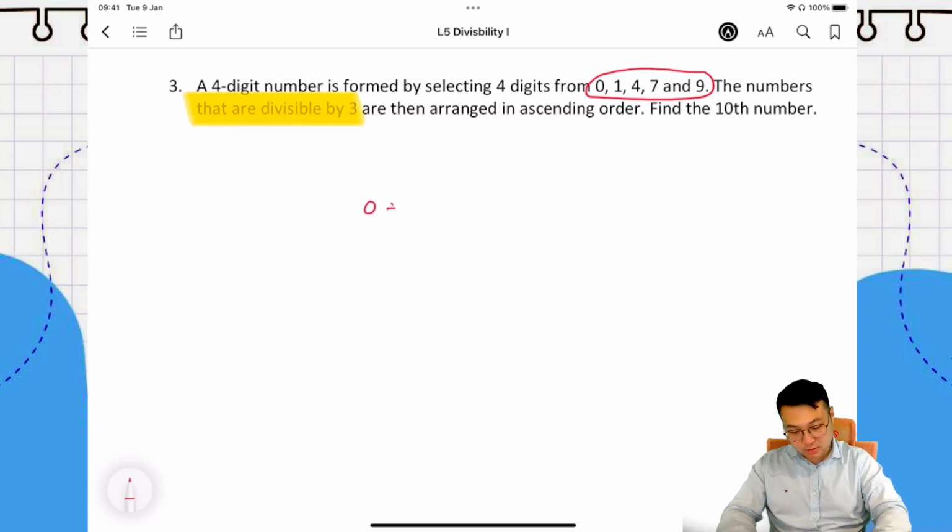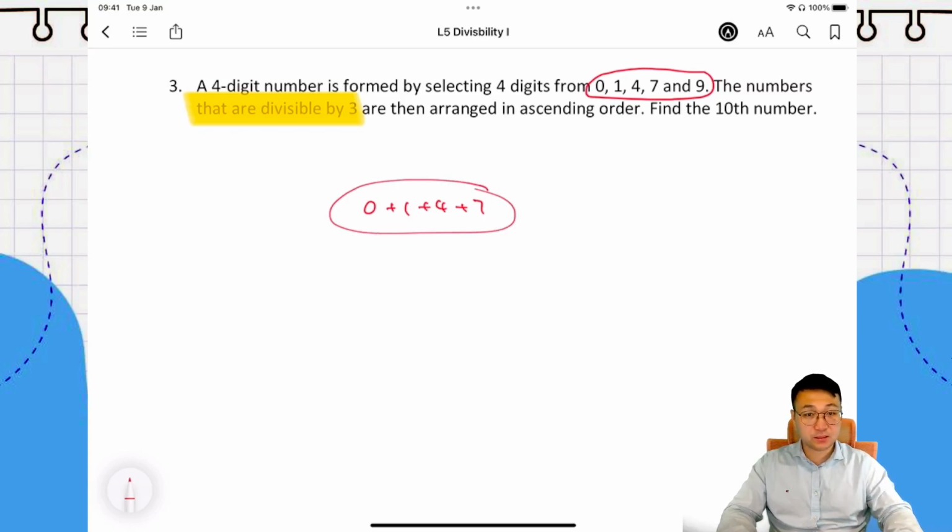How about 0, 1, 4, and 7? Do you think these will definitely be divisible by 3? Yes. Okay, you add together, what do you get? 12. Very good. So students, take note.